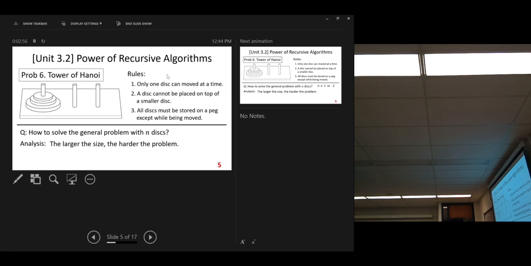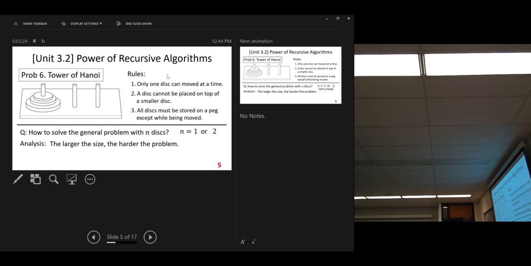We always use this simple fact. This fact tells us we should work on relatively smaller problem sizes. Then it's easy. If we can solve a few easy cases, then we may get some idea for the harder, more general case.